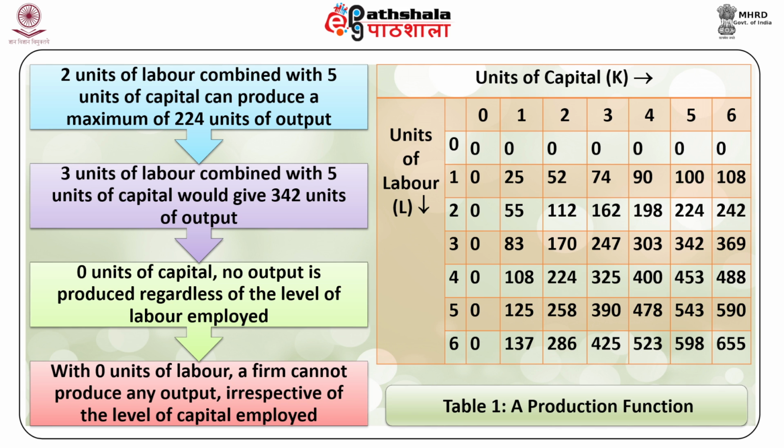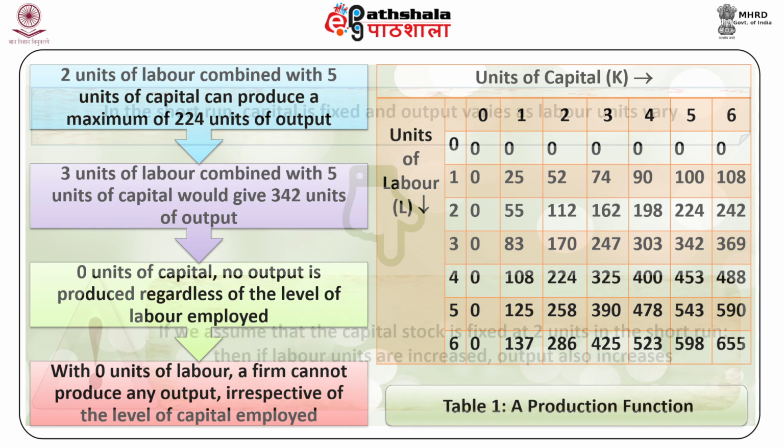Similarly, 3 units of labor combined with 5 units of capital would give 342 units of output. We see that at 0 units of capital, no output is produced regardless of the level of labor employed. In the same way, with 0 units of labor, a firm cannot produce any output irrespective of the level of capital employed.